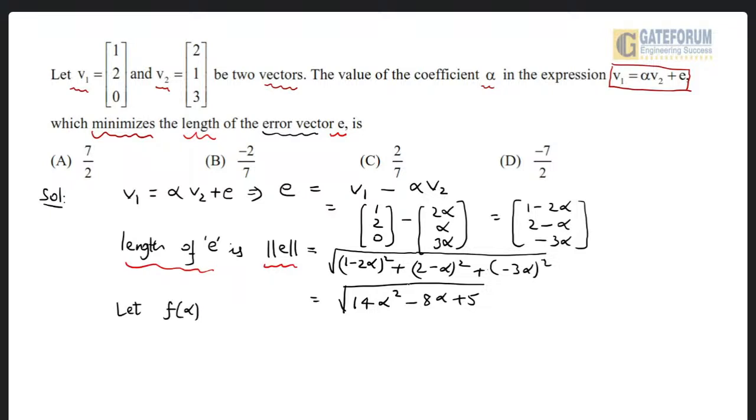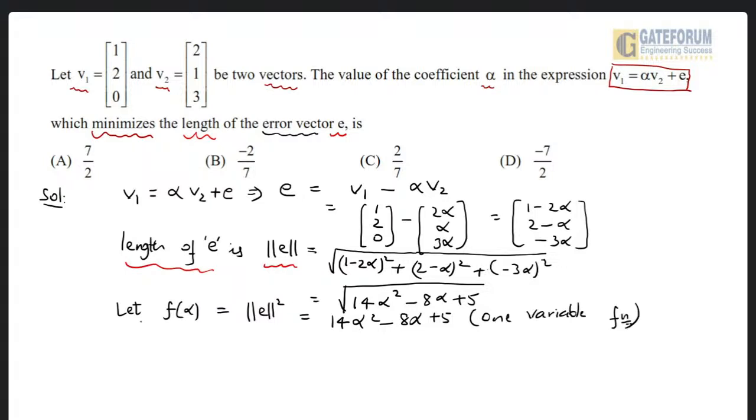I am considering the new function, the square of the length of the error vector E, which becomes 14 alpha square minus 8 alpha plus 5. So here it is a one variable function, and that variable is alpha.